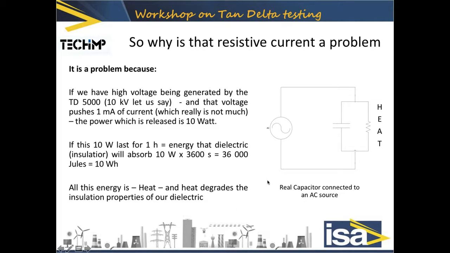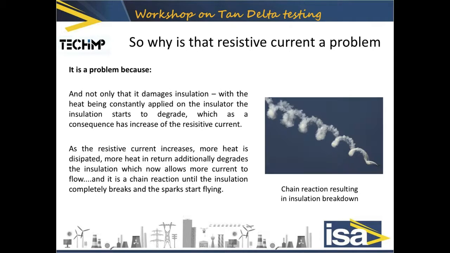So heat hurts our insulator, and heat is not something we want to have. That's one of the reasons why transformers have fans and a cooling system, and not only transformers, many other electrical assets, including, let's say, your computers, etc.